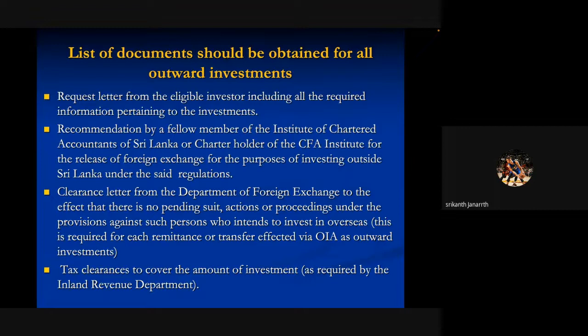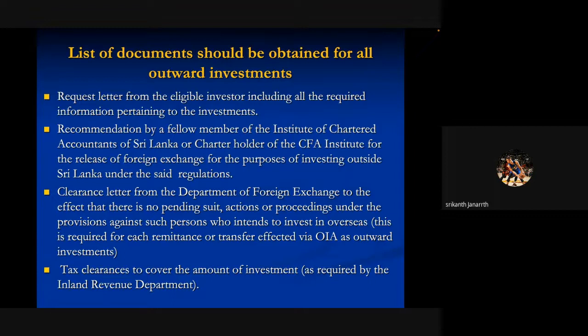These are the documents. There should be a request letter from the investor that he is going to make an investment. He has to give the details: what is the investment he is going to make, the date and the name of the company, what type of investment, whether it's a share, preference share, ordinary share, corporate bonds, debentures, sovereign bonds or whatever, or a branch office, right?